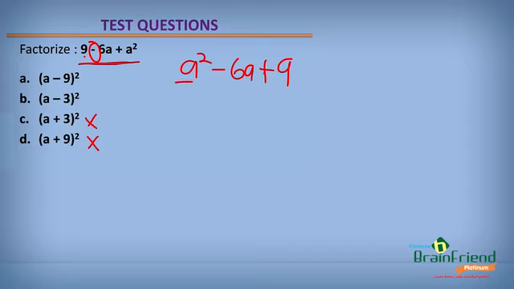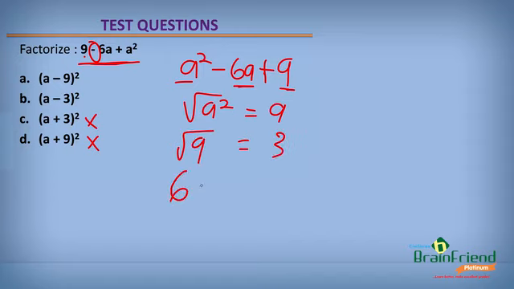And then, look at our first term. The square root of our first term, a squared, is a. The square root of 9 is 3. And we can also notice that 6a is twice the product of a and 3.